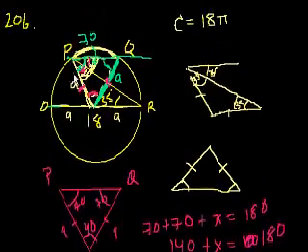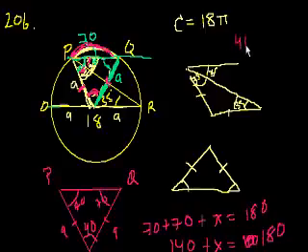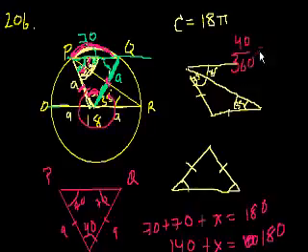So let's go back to the problem. We had to figure out what this arc length is, right? So this angle, which is 40 degrees, over all the degrees in the circle, over 360, is going to be equal to this arc length, let's just call it x, over the circumference of the whole circle. And we know that the circumference of this whole circle is 18 pi.